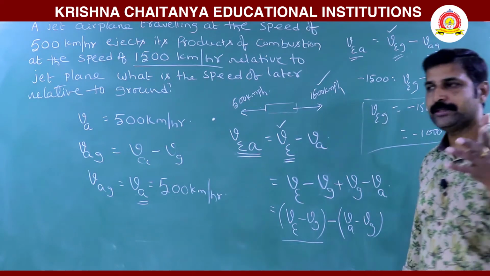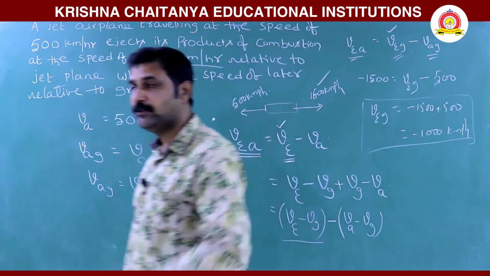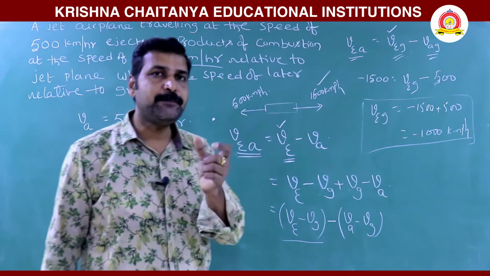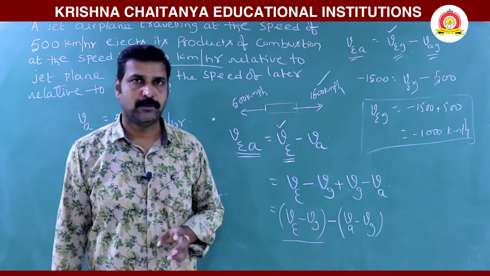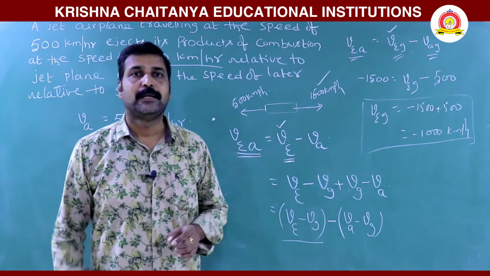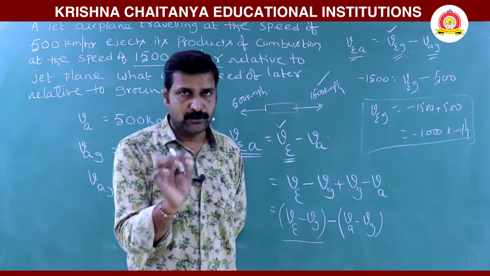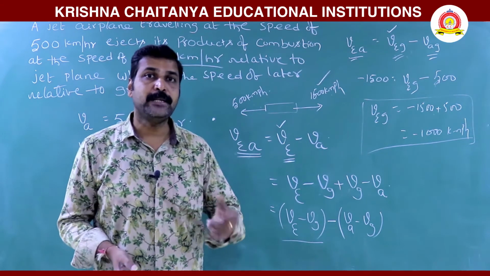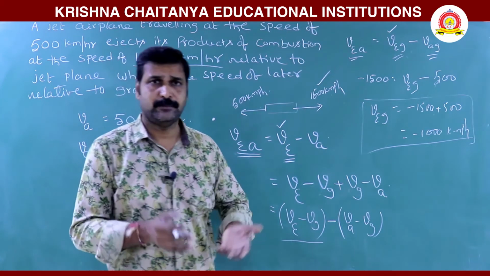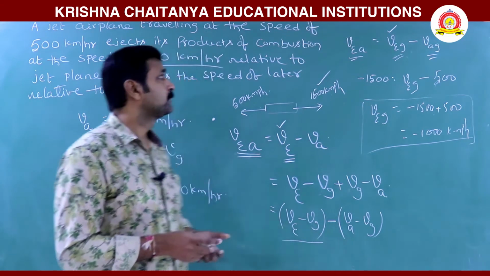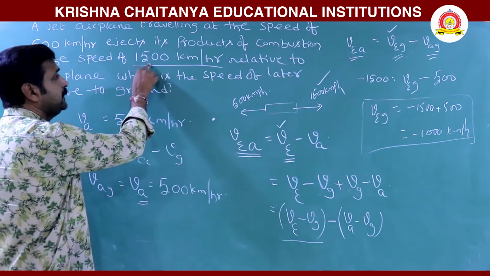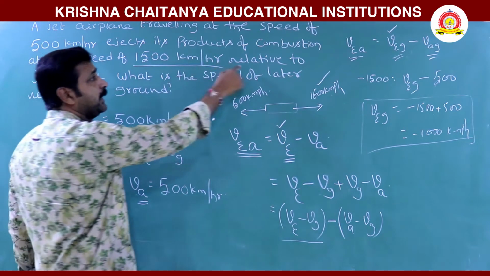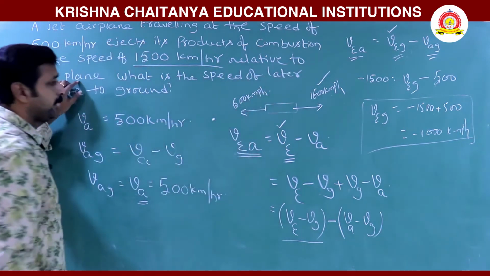So the points to remember when you are dealing with relative motion are: if any parameter is given alone, keep it in mind that that parameter is given with respect to ground. Otherwise, that parameter will be given with respect to something else. As here it was clearly given that the velocity of exhaust gas is relative to the jet plane.